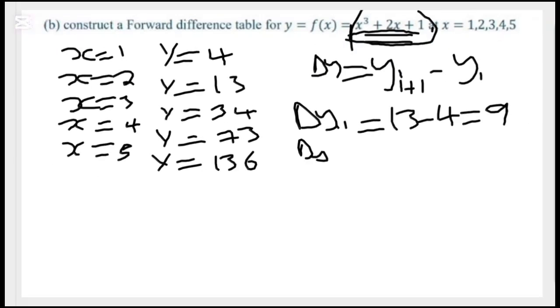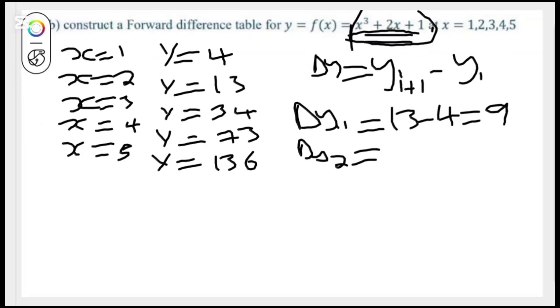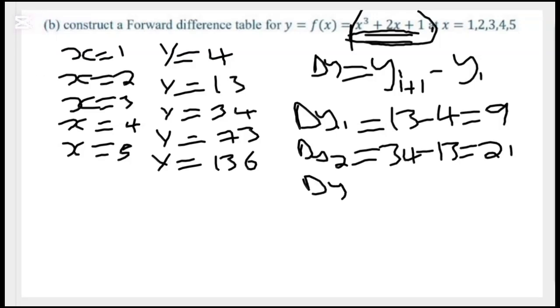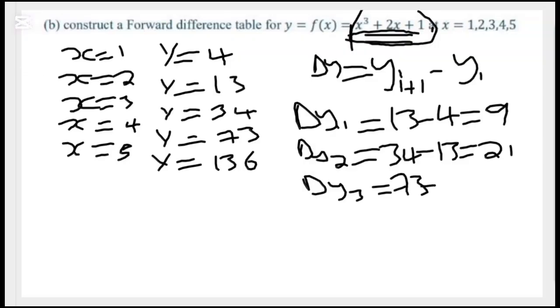And dy2 equals 34 minus 13, so 34 minus 13 equals 21. And dy3 is 73 minus 34, so 73 minus 34 equals 39.